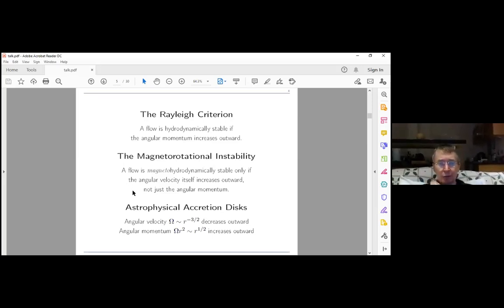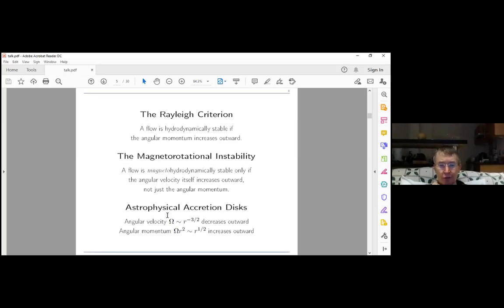And this difference between whether it's the angular velocity or the angular momentum that has to increase outward, that is incredibly important, because if you consider astrophysical accretion disks, they are in exactly this regime where one of them is decreasing outward, but the other one is increasing outward.